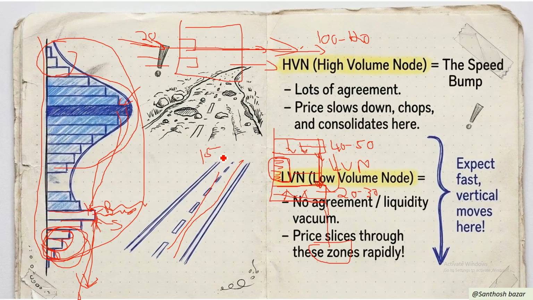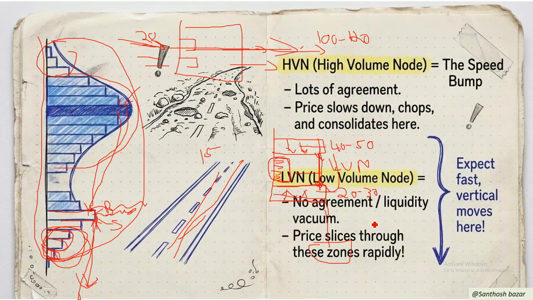Obviously you are going to choose the other option, where there are fewer traffic lights and no obstacles, so that you can reach your home early. In a similar way, price is lazy. It wants to take the highway whenever it can. So whenever you see a low volume node, it will take the highway, immediately slide down, and come to the next high volume node.